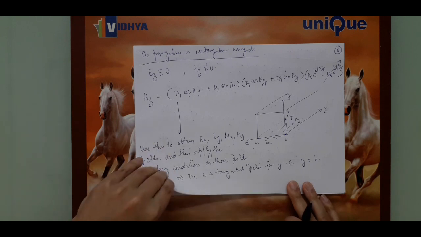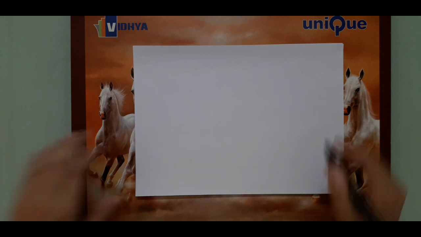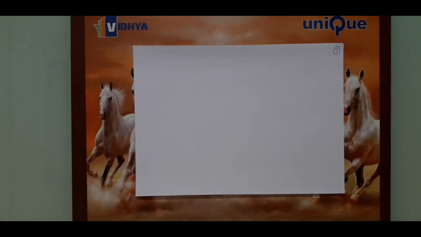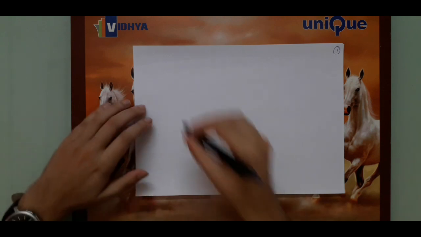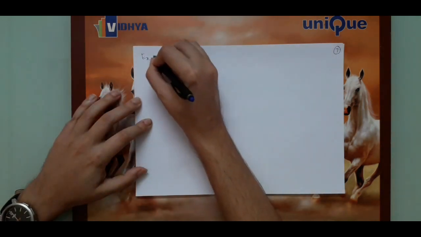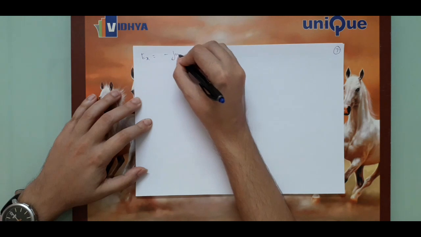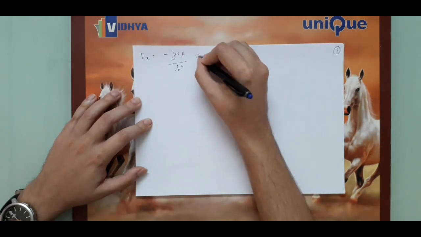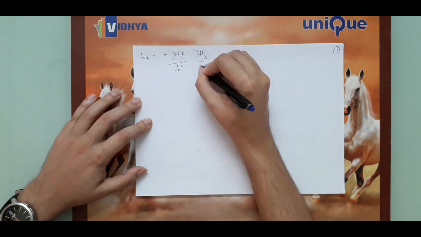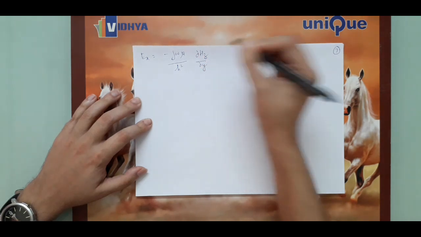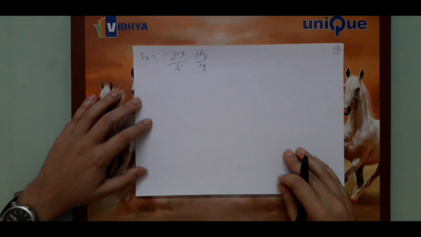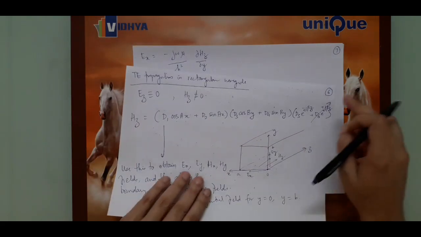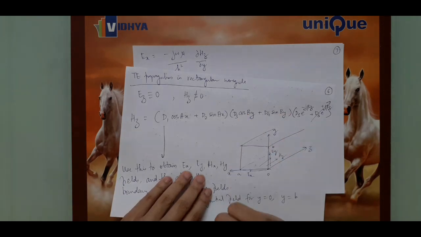So Ex will be something like this. It's nothing but minus j omega mu by h square dHz by dy. So essentially what will happen is that in the Hz term only this bracket will get affected.